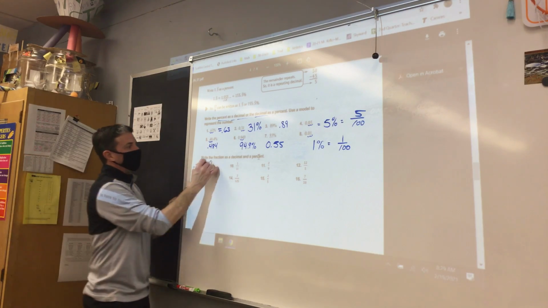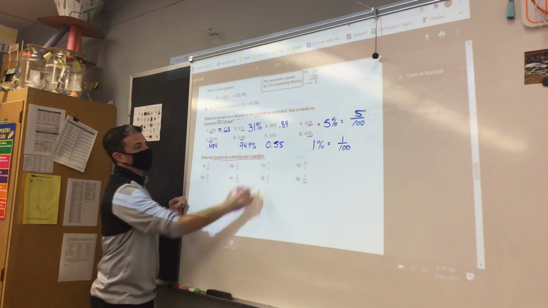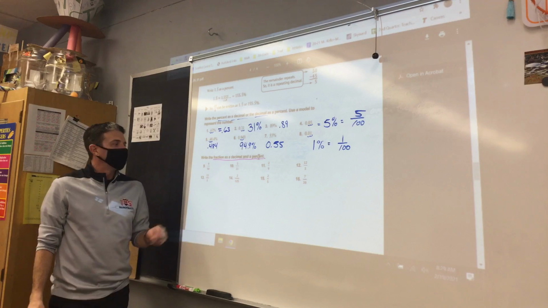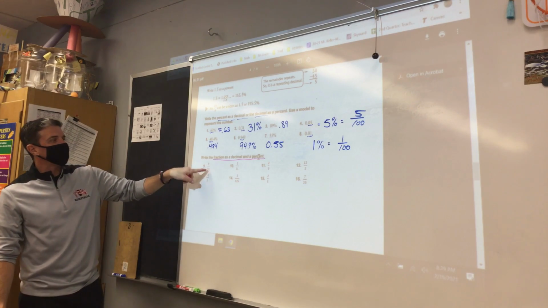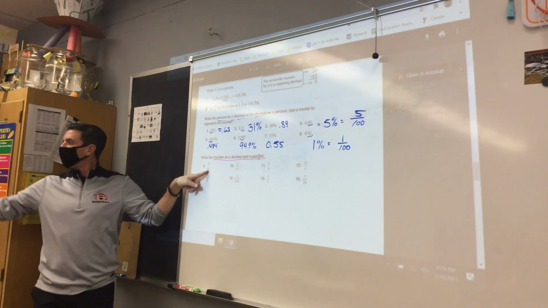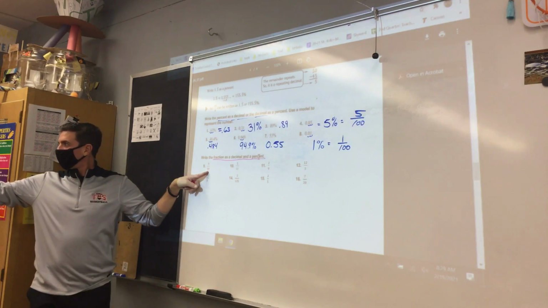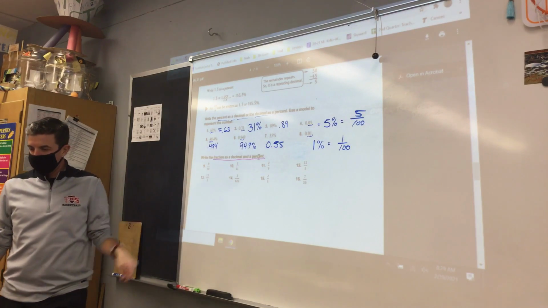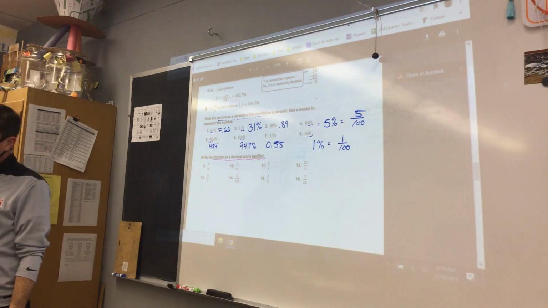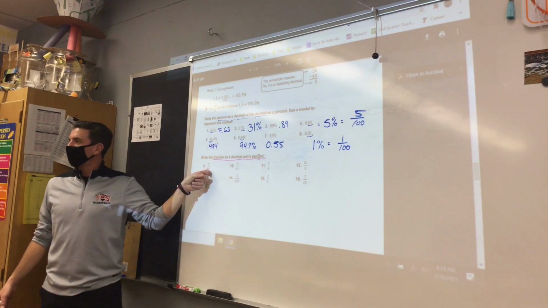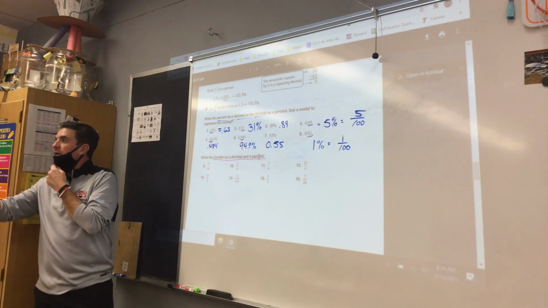All right, write the fraction as a decimal and a percent. Ooh, I'm gonna get a little more tough here. What do we got here? How are we gonna get this as a percent first? What could you do first? What do we know percents are out of? 100.